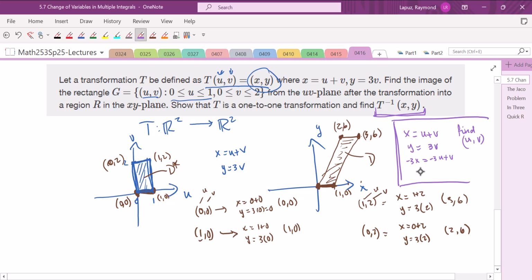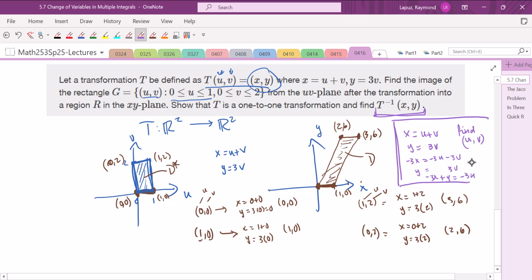Oh, I probably don't need to do this. And if I add them, I would get -3x plus y equals -3u.